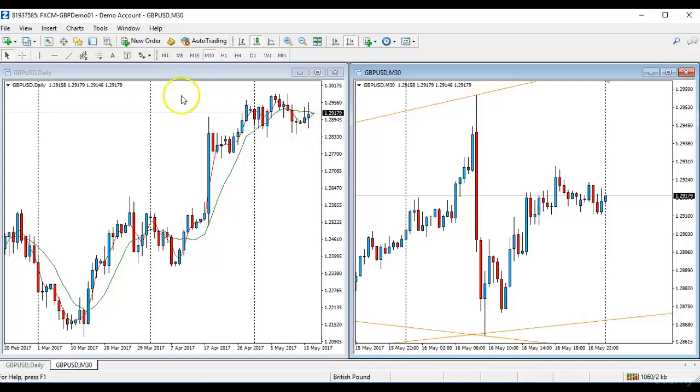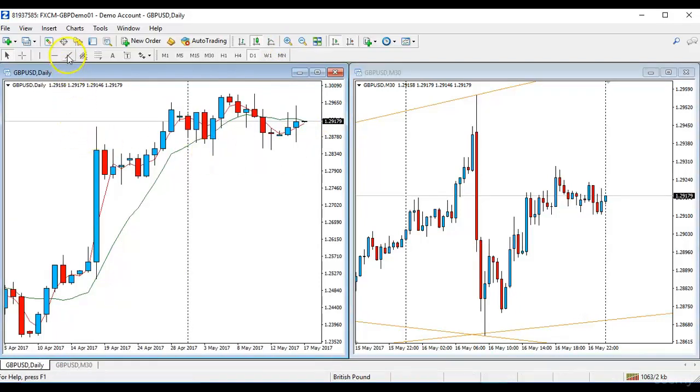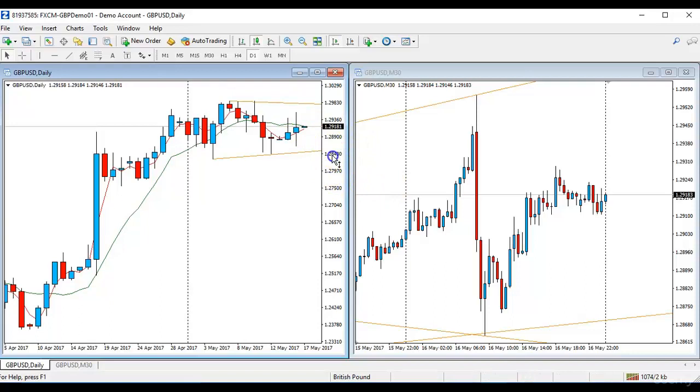So what we can see is, if I start drawing some lines here on the daily chart, price is actually moving sideways, and there isn't really momentum because price is crossing over.